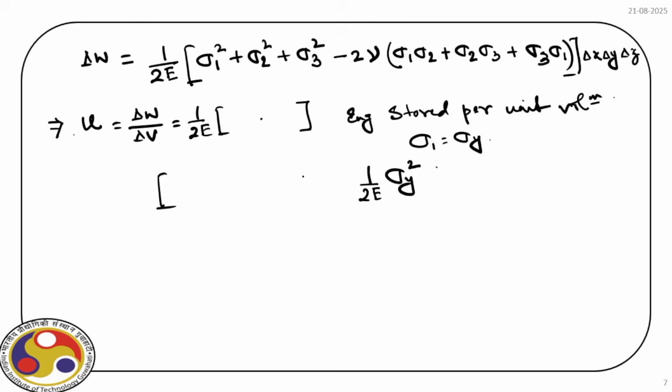So this bracketed quantity with 1 by 2E should be greater than or equal to the allowable limit.